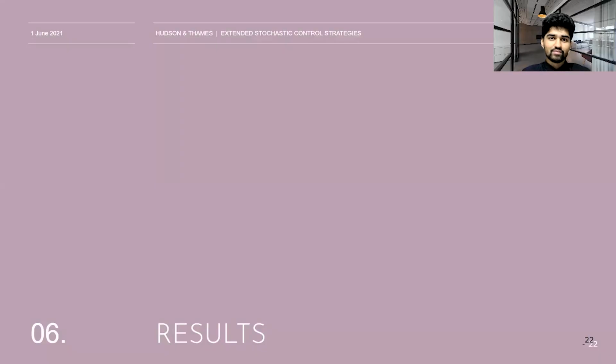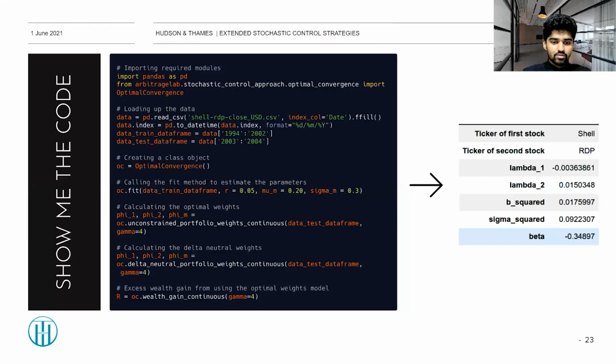So let's look at the results which are obtained by using these models. Firstly, let's look at the code that can be used to generate these results. The optimal convergence class is under the stochastic control approach submodule inside ArbitrageLab. For generating the results here, I have used the Shell and Royal Dutch Petroleum close prices from 1994 to 2004.